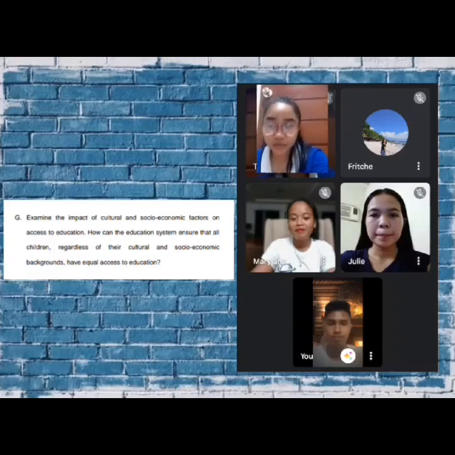So the education system can ensure equal access to education by implementing policies and strategies that address the challenges of poverty, isolation, and lack of resources. So, this includes providing infrastructure and facilities for schools and ensuring that trained teachers are available in remote areas.